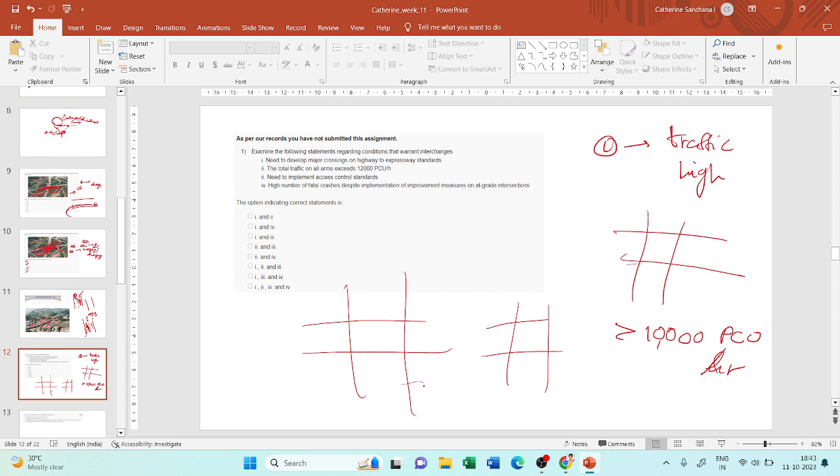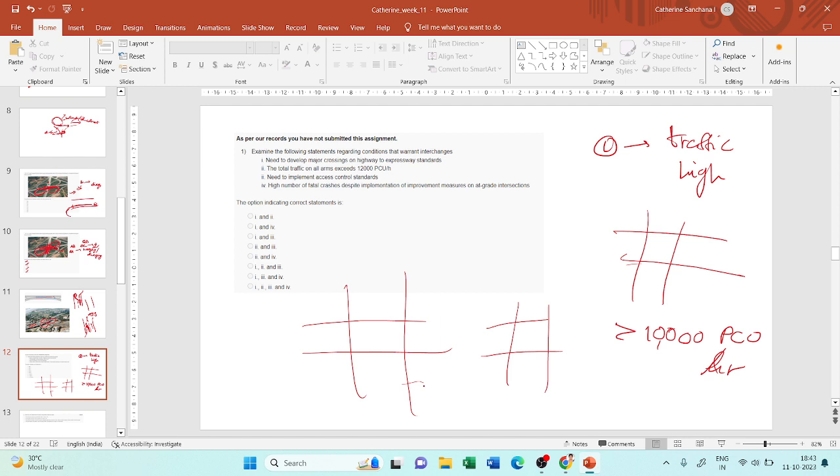So either your crossing roads have to be major roads such as expressways, or they can even be arterials but the traffic volume has to be high. And one more important point is, if you see that at this place you encounter a lot of crashes or accidents, then you can go for an interchange. And finally, it all depends on the topography. Depending on the topography also, you can go for an interchange.